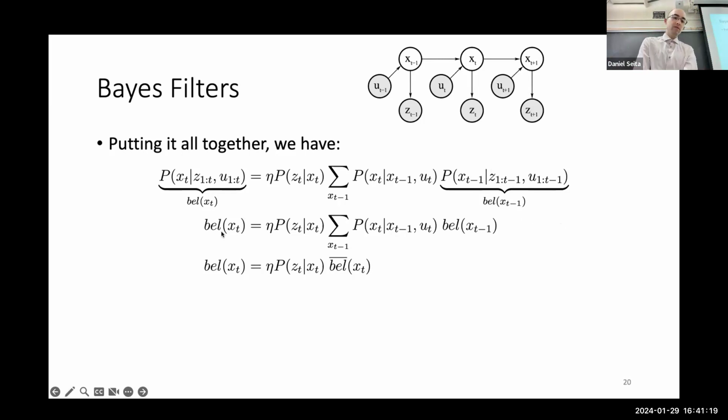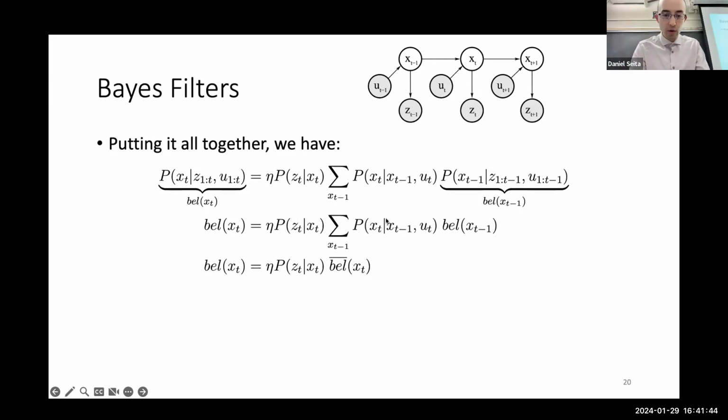If you notice, this thing here is basically the belief where you had a line over it, so it's without the sensor reading.